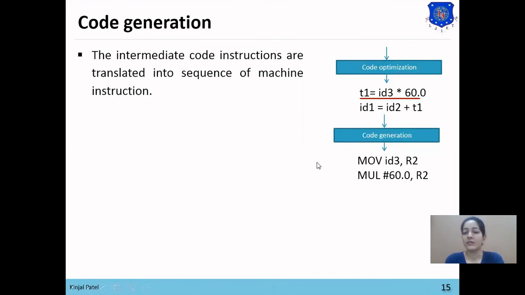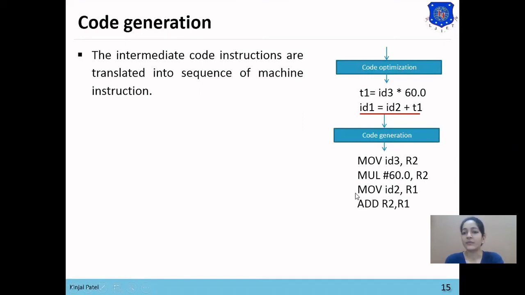Now we want to add ID2 plus T1. So T1 means the result of ID3 multiplied with 60, which is stored in register R2. So now we will move one variable ID2 to the R1 register. So now the R1 register has ID2 and we want to add this ID2 to T1, which is ID3 multiplied with 60.